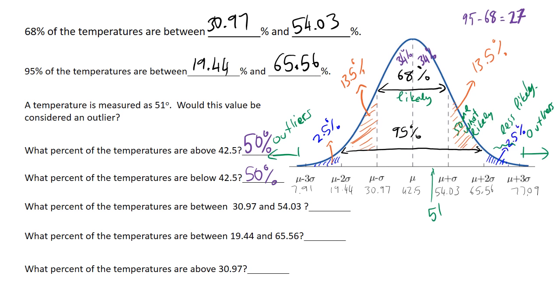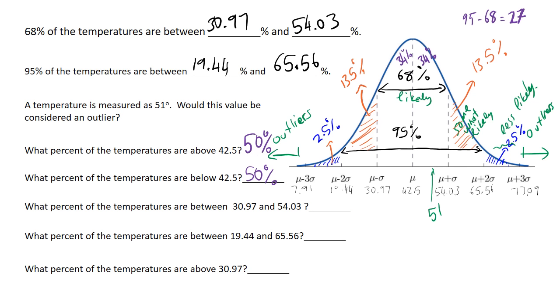Now we have these percentages, and we can calculate any percentage value from 1, 2, or 3 standard deviations away from the mean. These percentages are the same for every normal distribution curve.